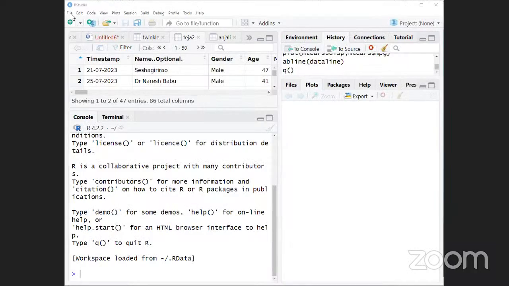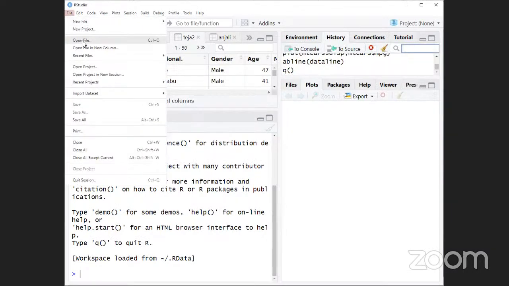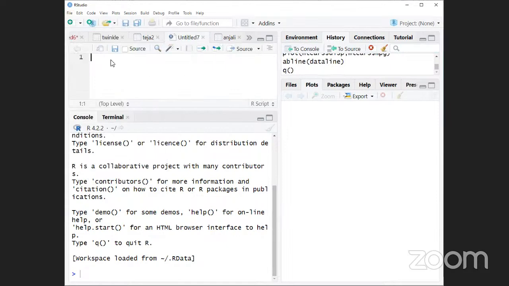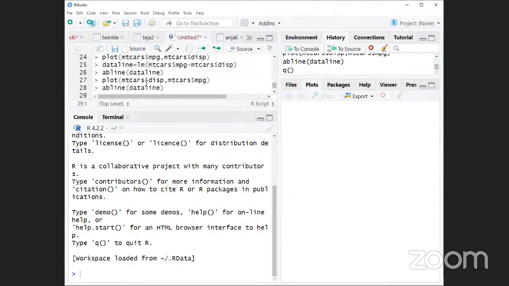Open your RStudio. Click New File. Then paste. Only thing, this greater than sign would not be there.